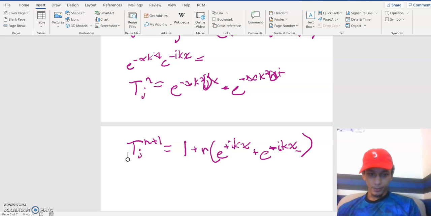I forgot the minus 2 in the middle. So that's minus 2. And this one is for the left side, and this is for the right.